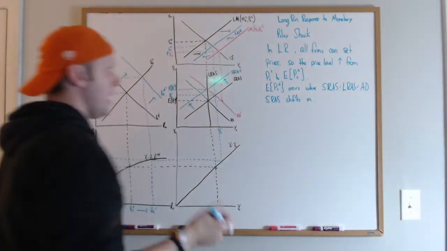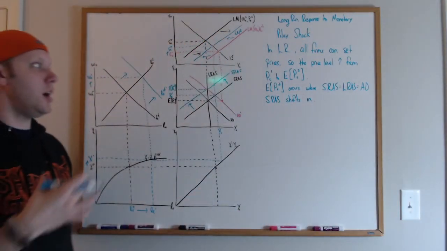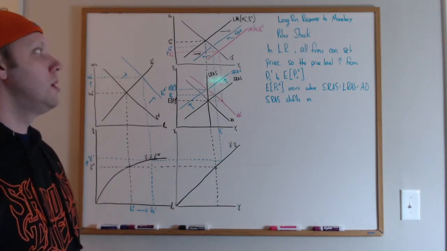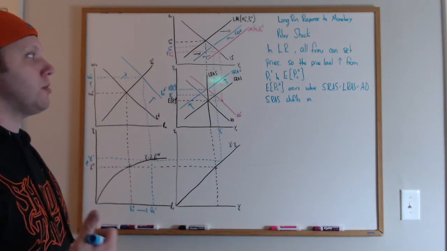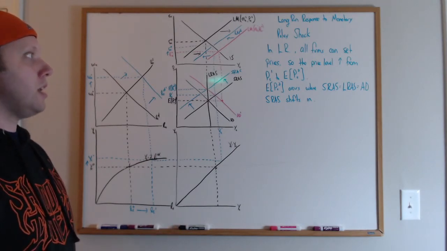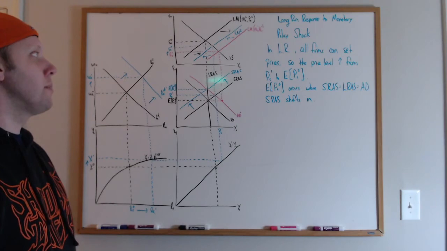The short run aggregate supply curve is a function not of the price level, but of the expected price level. When the expected price level increases, short run aggregate supply is going to shift in. It's a negative short run aggregate supply shock.